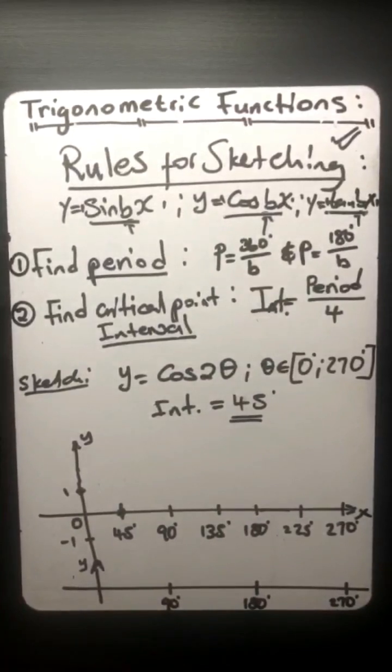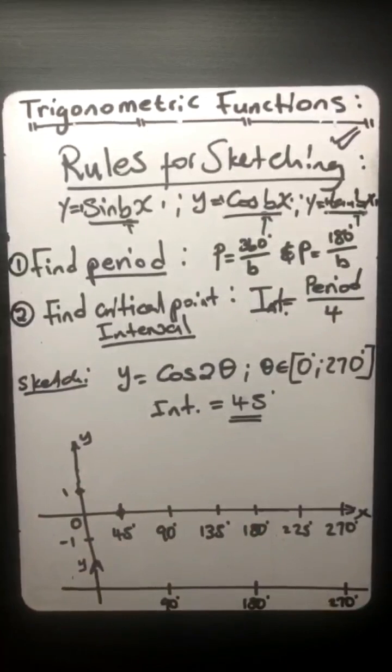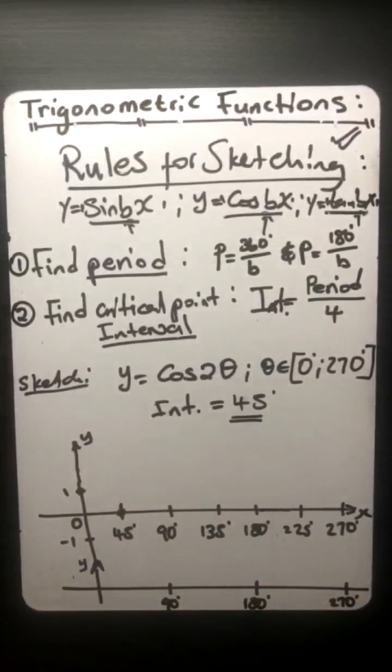I'm not sure if the honorable member left or if we're still together. Matapelo, what did you punch there, honorable member? Cos 45, close brackets, and the answer is square root of 2 divided by 2.